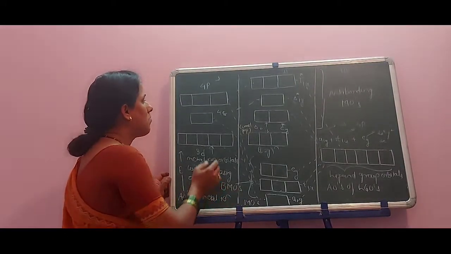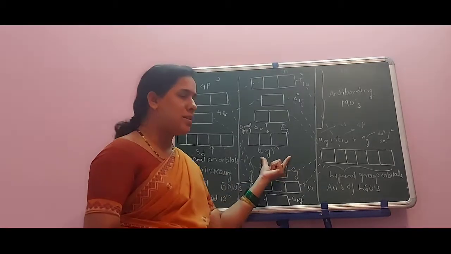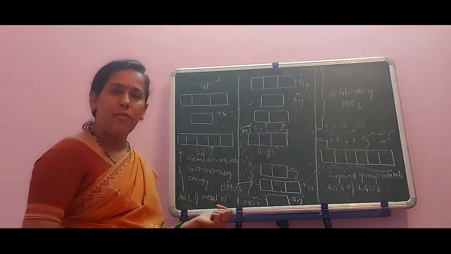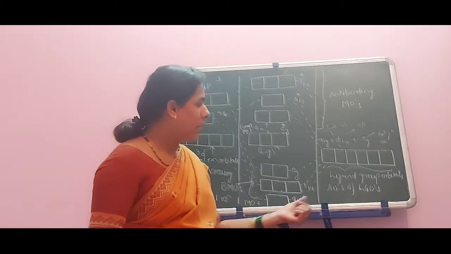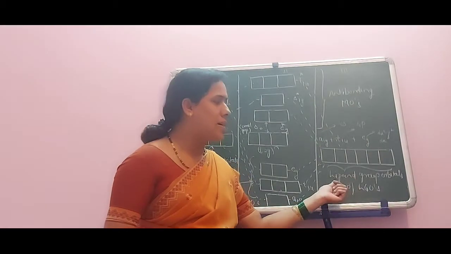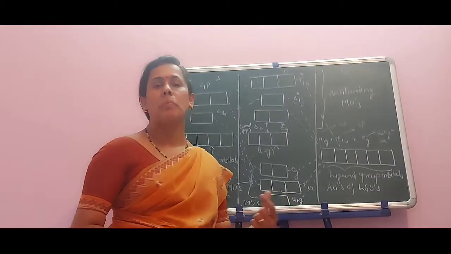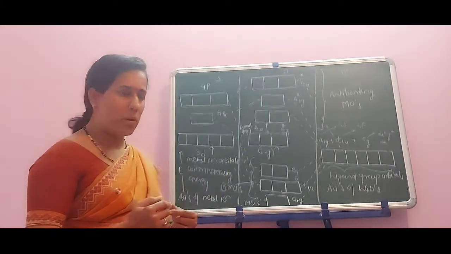Before this, we will discuss these energy levels. Now, what does the middle portion denote? At the extreme left are the atomic orbitals of the central metal ion. At the extreme right, the ligand group orbitals are situated. But in the middle of these two, the two kinds of atomic orbitals combine.